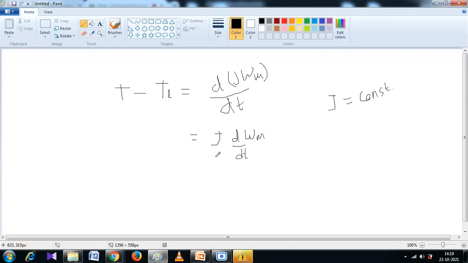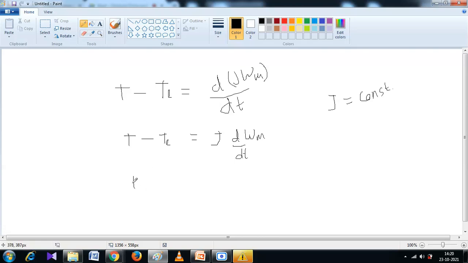Please write down that T minus TL is equal to J d/dt of omega m. This equation is called the fundamental torque equation.